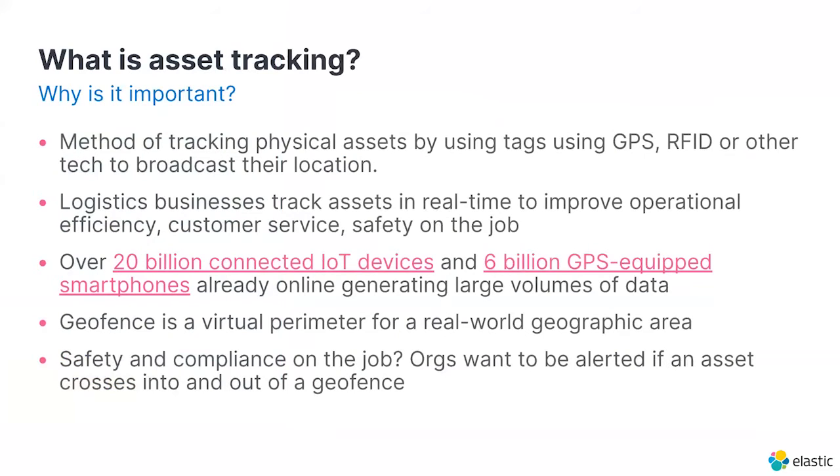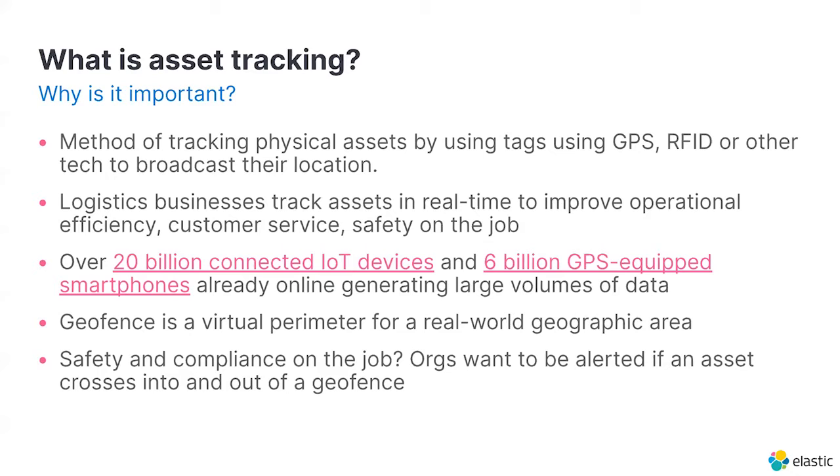So what is asset tracking and why is it important? When I say asset tracking, what I'm talking about is tracking actual moving physical assets that are broadcasting their location by using things like GPS or RFID or any other technology. And this is specifically important, especially in logistics businesses that need to track assets in near real time.